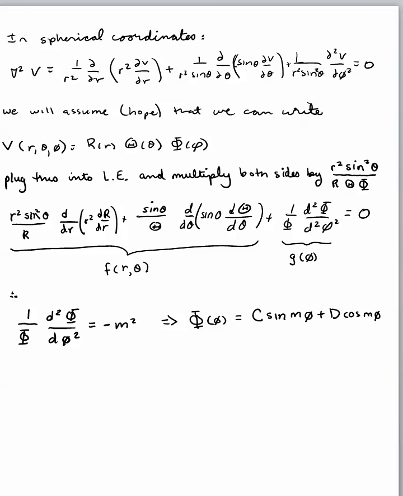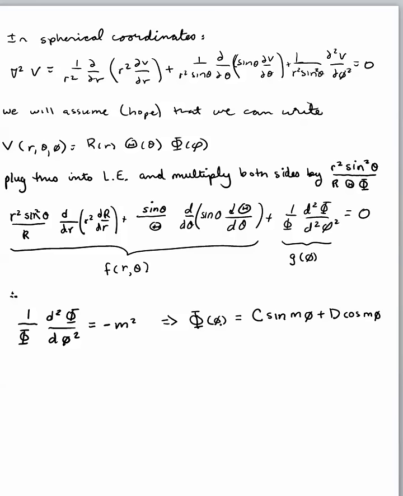That's not a small piece of information there. That doesn't come out of any mathematics. You have to be able to logic that out based on the reality of the world we live in. In other words, this is describing the potential of some static charge distribution. And if you imagine walking around that charge distribution such that you go through a displacement in phi of 2 pi, you know you're going to come back to where you originally were.